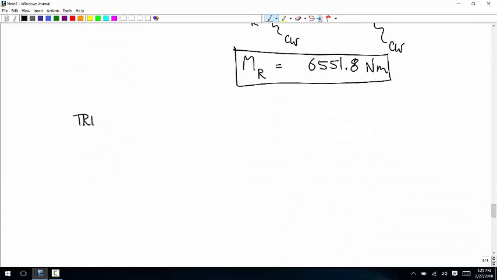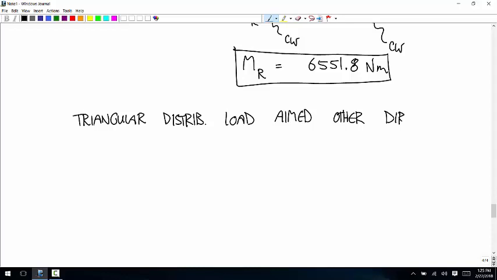So here's a triangular distributed load in the other direction. And this way is harder.